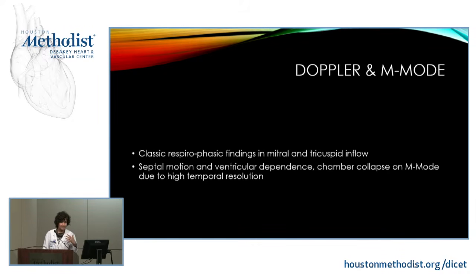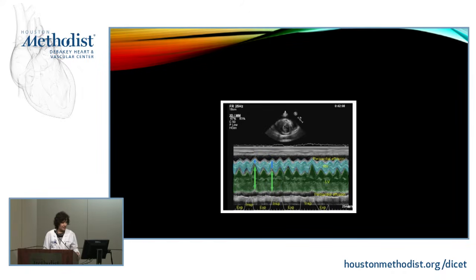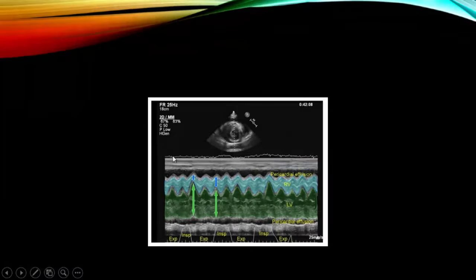Any questions? All right. So as I had mentioned earlier, this is a picture that I stole from one of the journals, and it shows a beautiful M mode. And because the M mode has higher temporal resolution, you're seeing a beautiful ventricular interdependence.